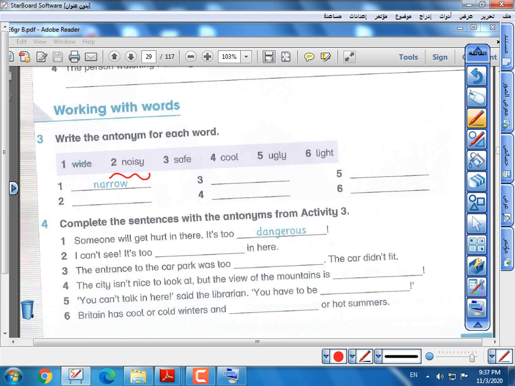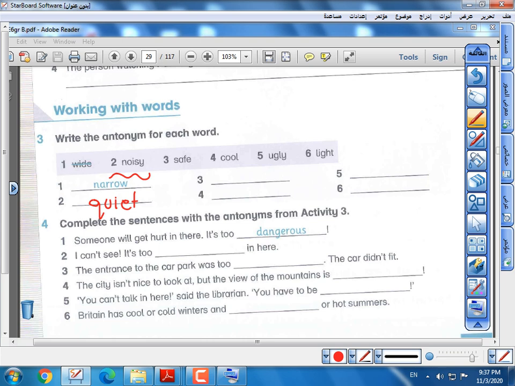What is the opposite or the antonym for this word? إيش هو الانتونيم لكلمة noisy اللي هي معناها مزعج؟ عكسها حكينا أخذناها هلا، واللي هي قلنا مع عكسها quiet. Quiet, okay? So the antonym for this word is quiet.